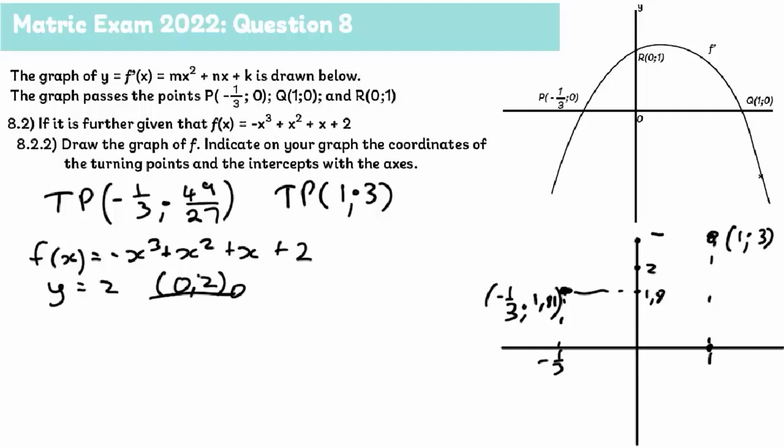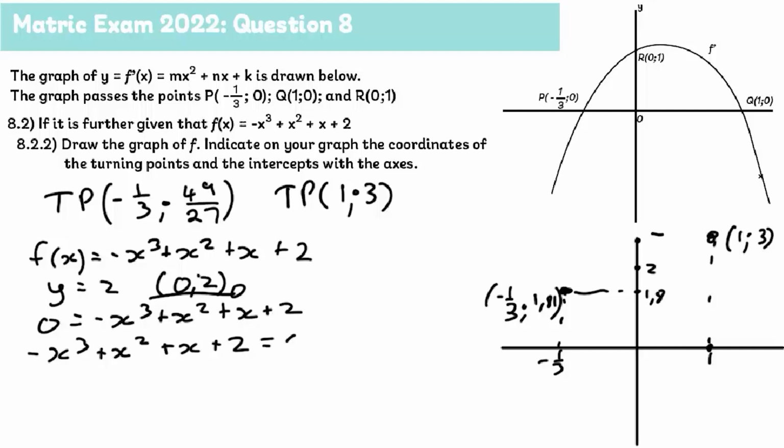Next we need to work out what the x values are. To work out the x values, we make y equal to 0. So minus x to the power 3 plus x squared plus x plus 2 equals 0. What we need to do now is factorize. So let's go ahead and factorize this.